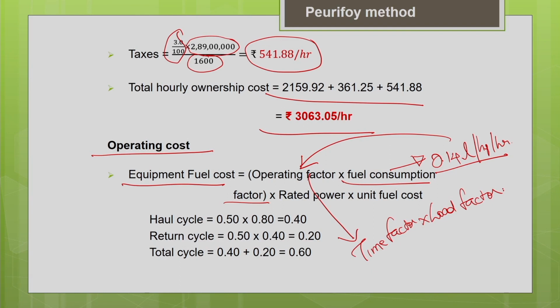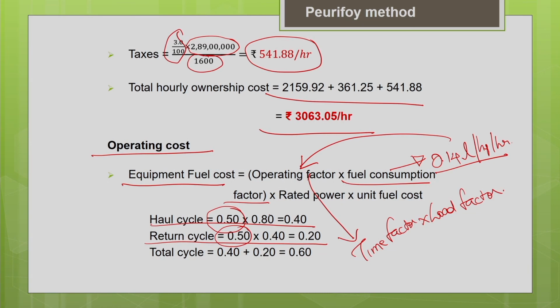Now let us estimate the load factor for the haul cycle as well as the return cycle, because the power consumption is different for the haul cycle with the load and the return cycle without the load, as discussed in the question earlier. The haul cycle contributes 50% of the total production cycle, and the return cycle contributes 50% of the total production cycle time.